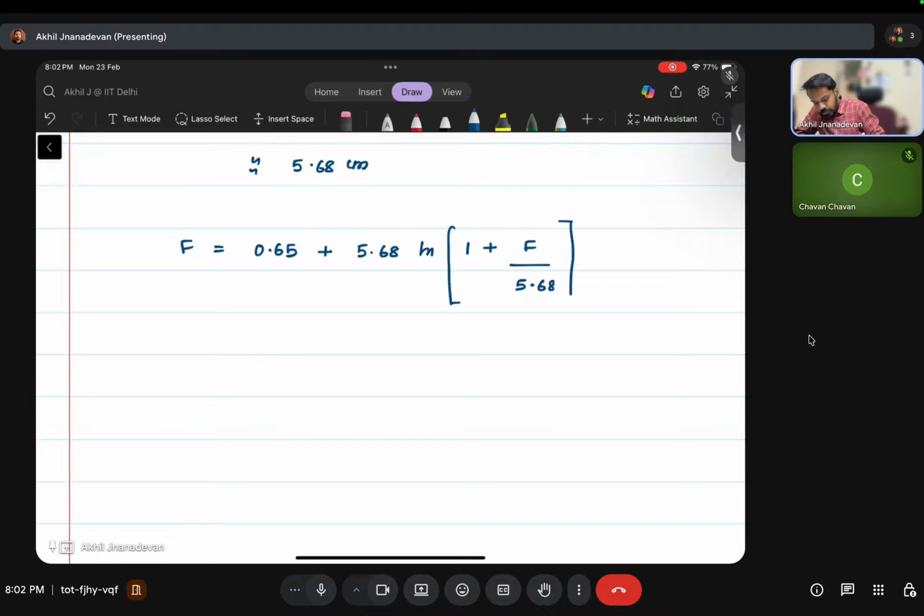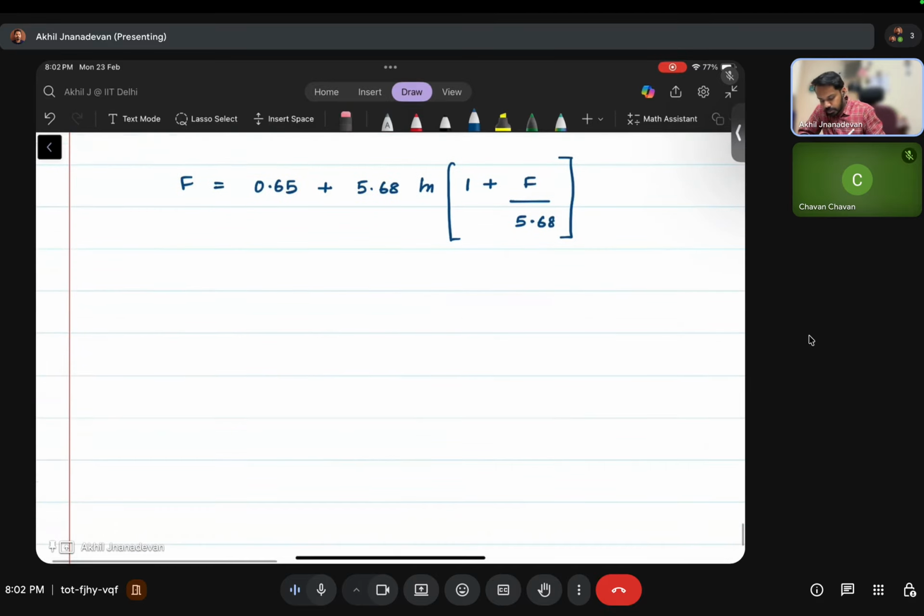Now we have a nonlinear implicit equation, and we can apply numerical methods. One of the simplest, most straightforward methods, which I will discuss in this lecture, is the trial and error method.